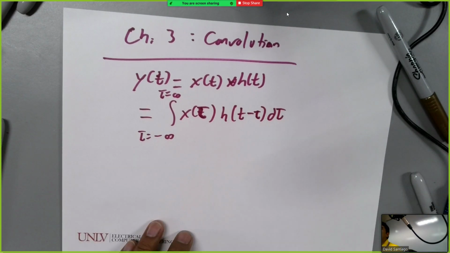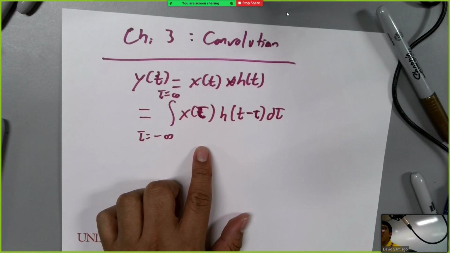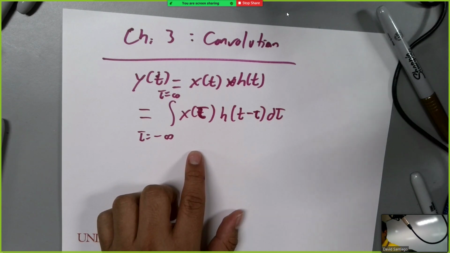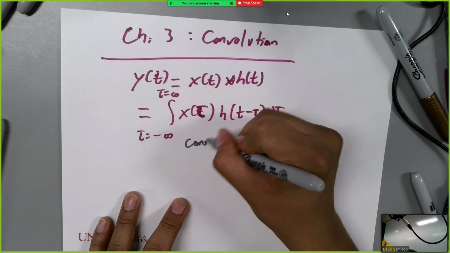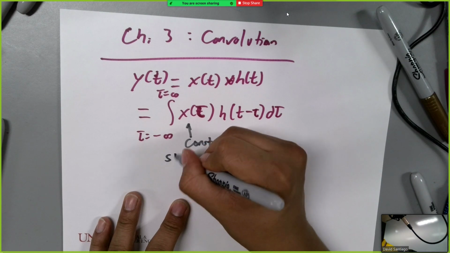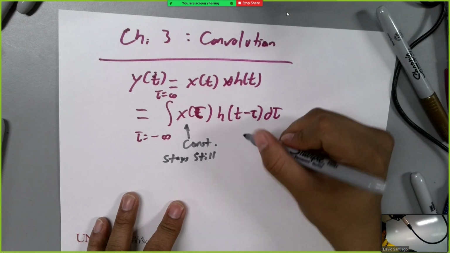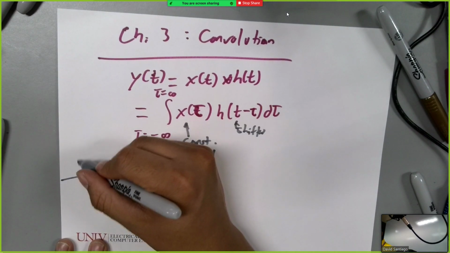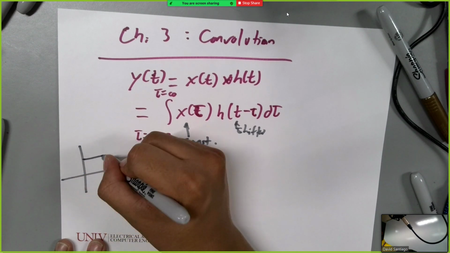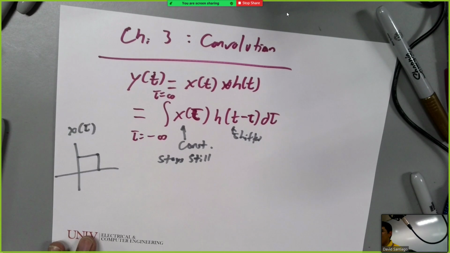And you know what this means, right? Do you understand what this means practically? Yes or no? This one, x, stays still, it's constant, and this one is shifted. So if you were to draw this, let's say x of t is some pulse. This stays constant. You don't move it.